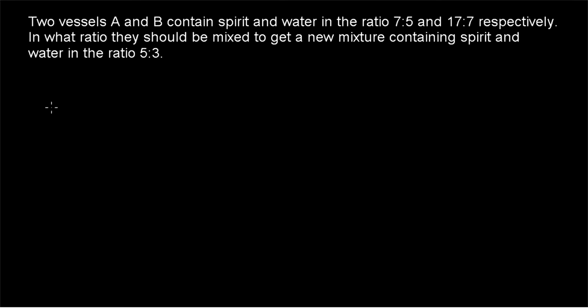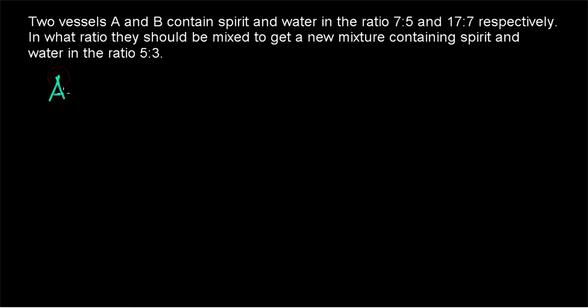Now let's see a second example. Two vessels A and B contain spirit and water in the ratio 7:5 and 17:7 respectively. In what ratio they should be mixed to get a new mixture containing spirit and water in the ratio of 5:3.